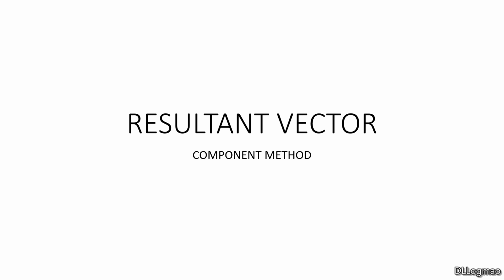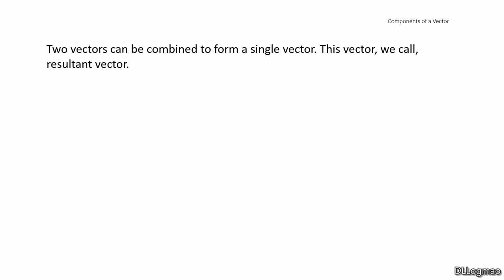In our previous discussions, we have found out that two or more vectors can be added or combined into one single vector. We term this vector as resultant vector. This single vector contains all the added vectors.